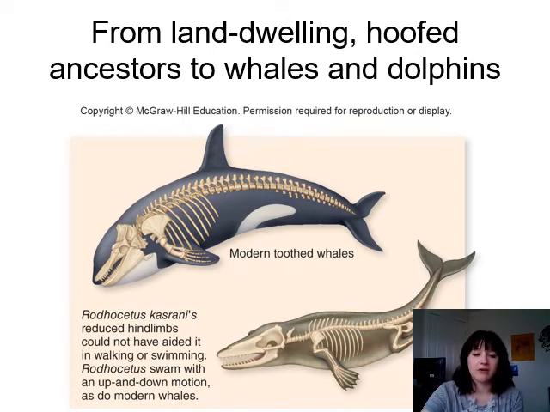So this organism, while it has some traits of its ancestor, such as the 4 limbs, it also has traits of the whale or dolphin in that it is a swimming animal.